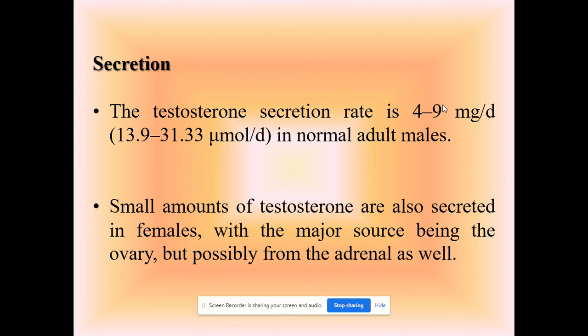First is secretion. The testosterone secretion rate is 4 to 9 milligrams per day, or approximately 13.9 to 31.33 nanomoles per day in normal adult males. Small amounts of testosterone are also secreted in females, with the major source being the ovary, but possibly the adrenal as well.